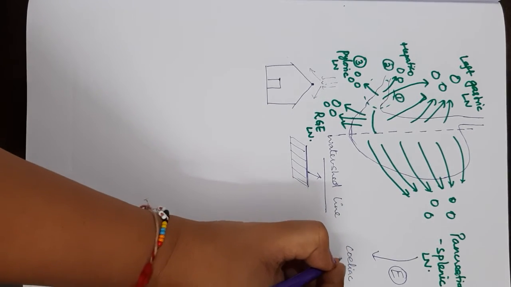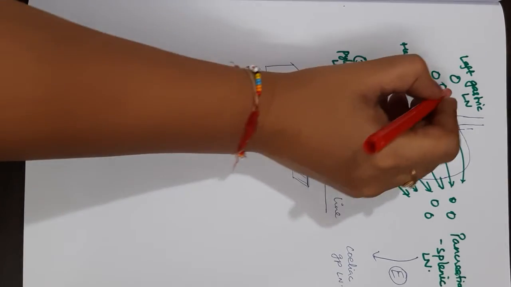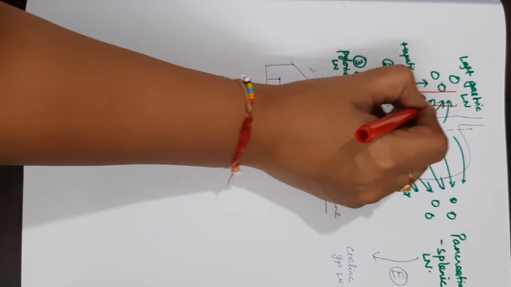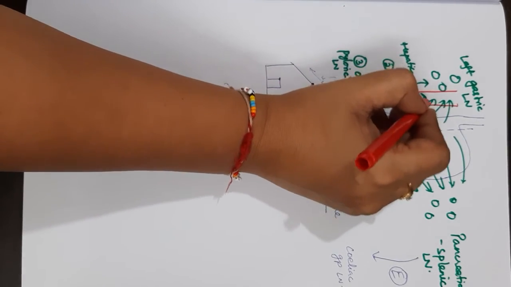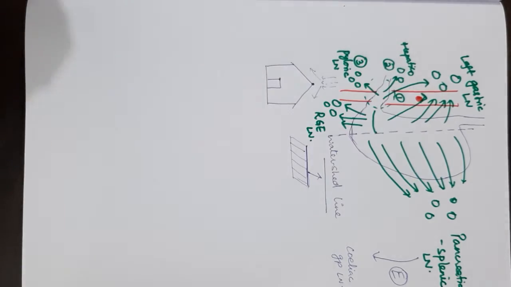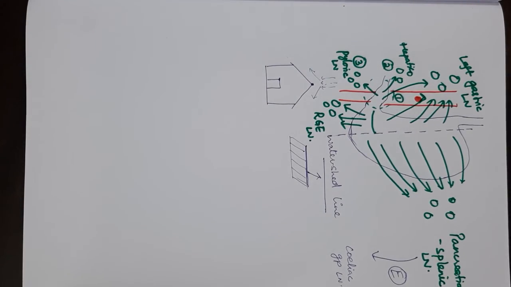Where are these celiac group of lymph nodes present? They are present around the celiac artery, which is present in the celiac trunk, in front of the abdominal aorta.